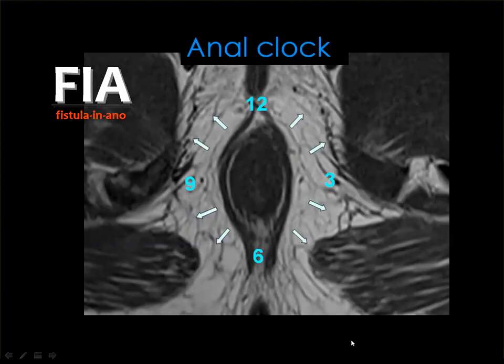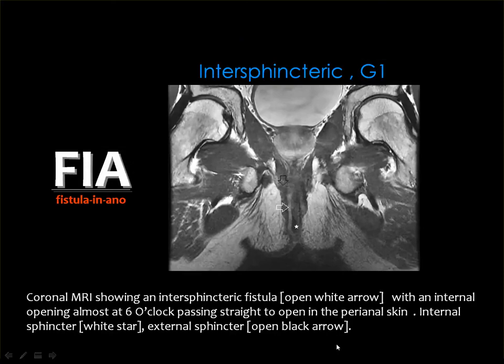This is the anal clock, where you imagine that the anal area is similar to a clock. And if the fistulous opening is here, you mention at 3 o'clock, here at 4 o'clock, and so on. Then we start first by the intersphincteric simple fistulous tract, which is classified as grade 1.